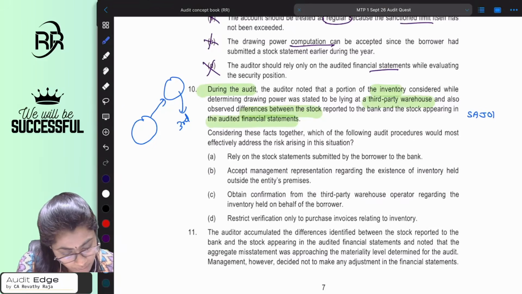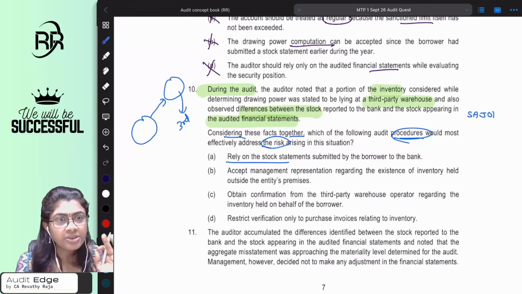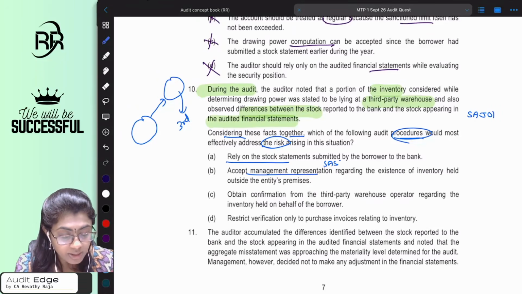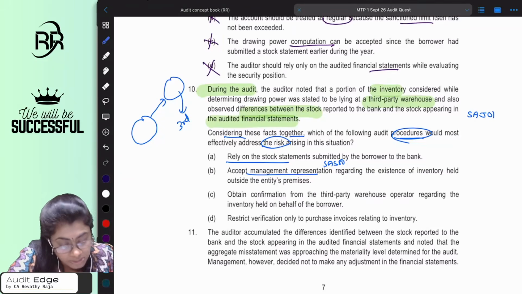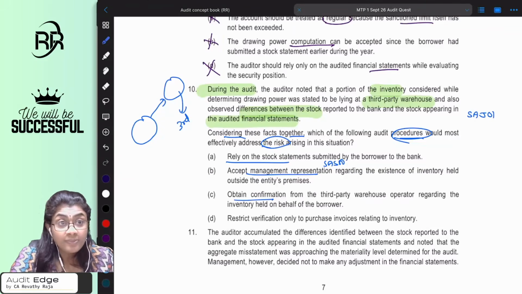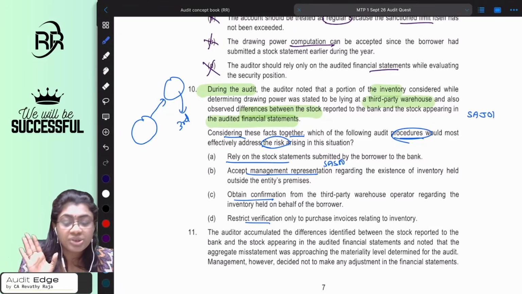So, considering the facts, which procedure is most appropriate to address the risk? Rely on the stock statement submitted, accept management representation. As per SA 580, management representation is not a substitute. It's only a corroborative evidence. Obtain confirmation from third party, restrict verification only to purchase.